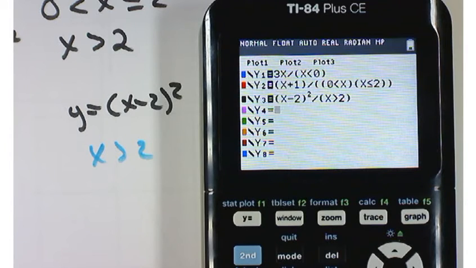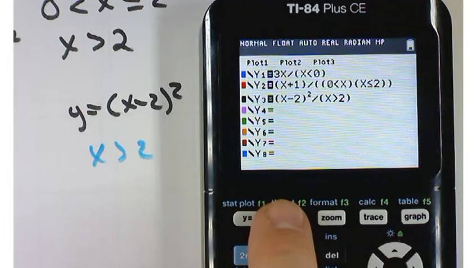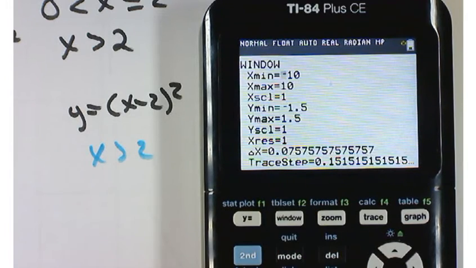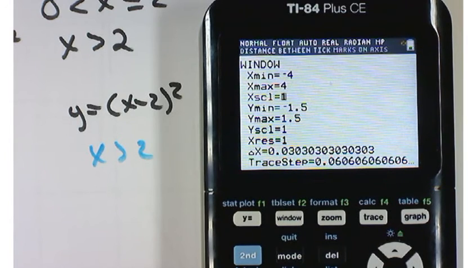Let's graph this by setting up our window to go, say, between -4 and 4. So I'll go -4 to 4 on the x-axis. And it's not really clear what to do with the y-axis, but here's a nice little trick for you.